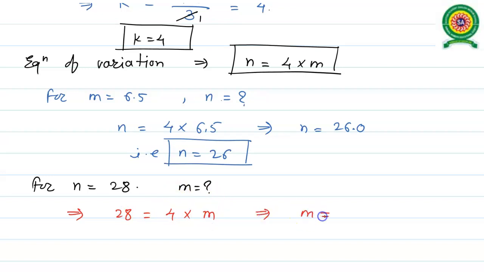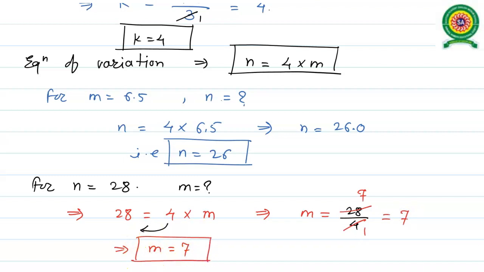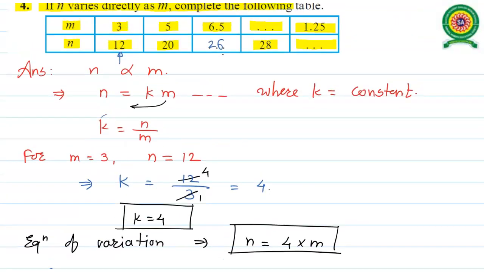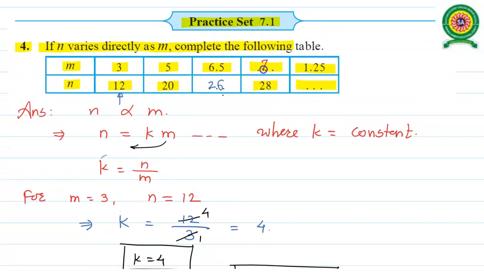For evaluating the value of m, shift the 4. 4 is a multiplier; after shifting it becomes a divisor to 28. Everyone knows 4 ones are 4, 4 sevens are 28. So the value of m is 7 for n equals 28. I am filling it into the table.